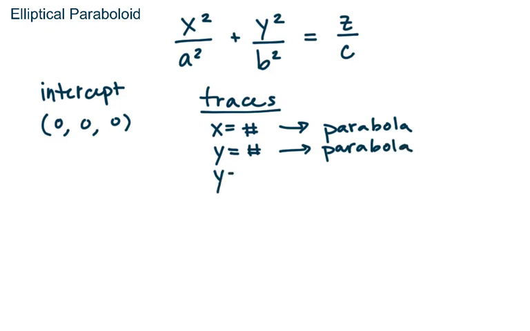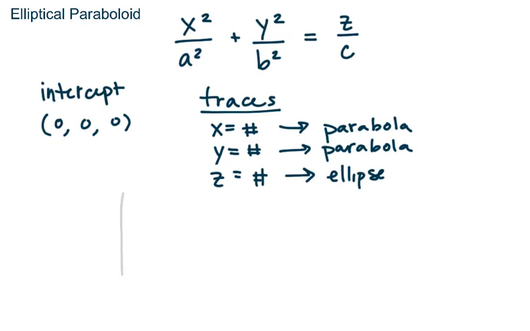But what shape do I get if I let z equal a number? That gives me an ellipse, and that's an ellipse in the x, y plane. I'm not going to write that there because it would change based on where your variables are. So we've got two parabolas and an ellipse.